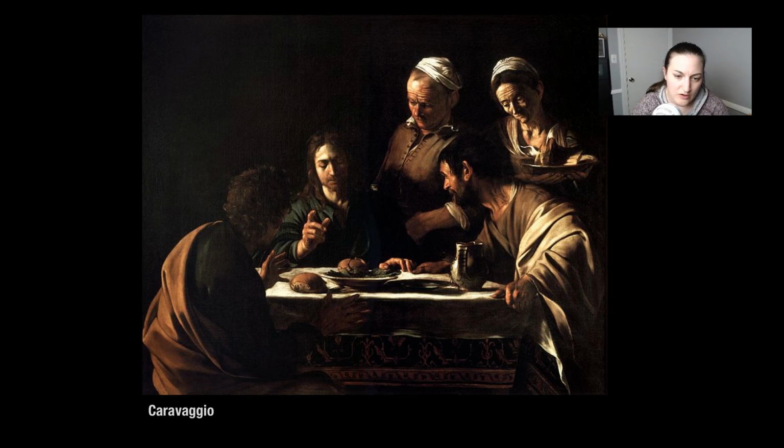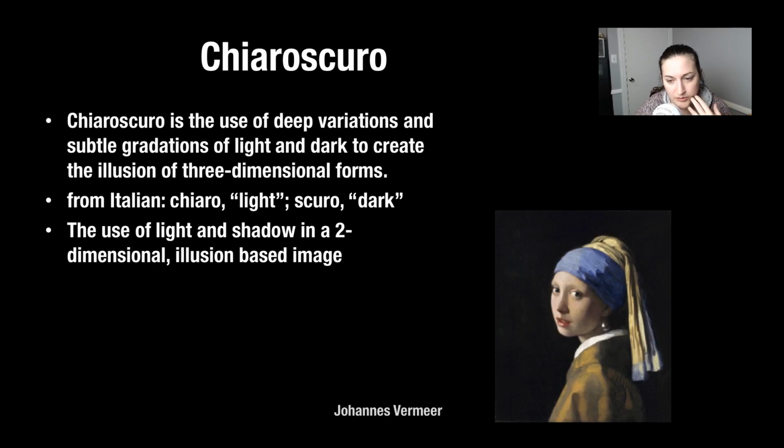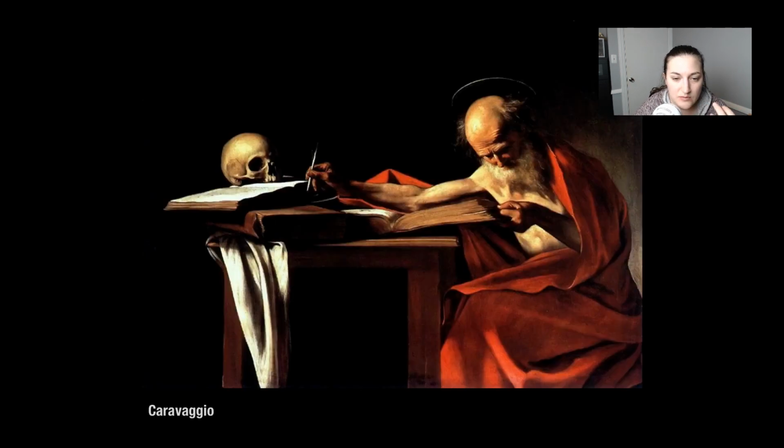So the difference from chiaroscuro to tenebrism is that chiaroscuro is talking more about the modeling of the form, as we saw up here with that Vermeer painting, modeling on the form itself, creating the illusion of three-dimensionality on the form, having both light and dark on the form, light transitioning to dark. And then tenebrism, it's very similar and it can be kind of confusing.